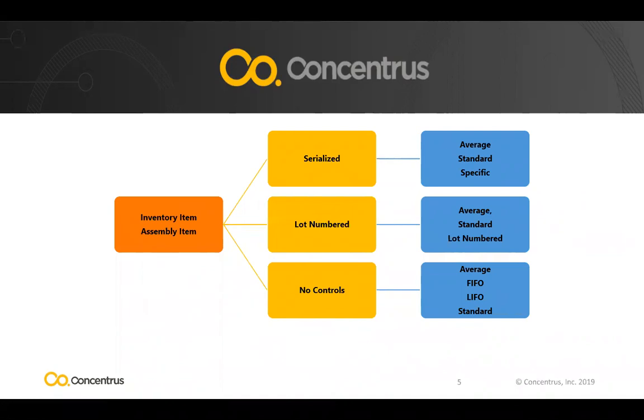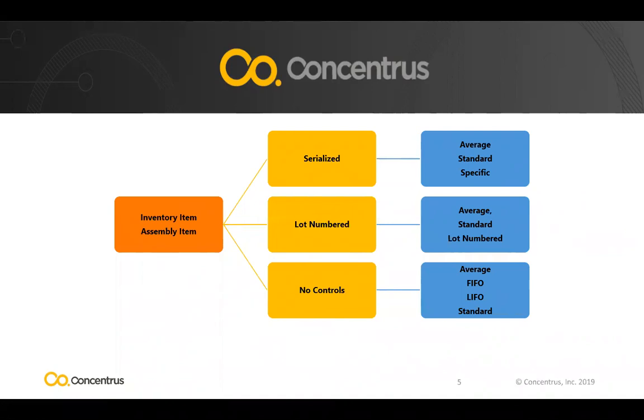As you look at selecting a serialized item, this is typically used for items that you want to track serial numbers, that you want to specifically control them coming into the four walls of your organization, and then control them and track them as they leave your operation to your clients. When you select serialized, you have three options available to you from a costing method.